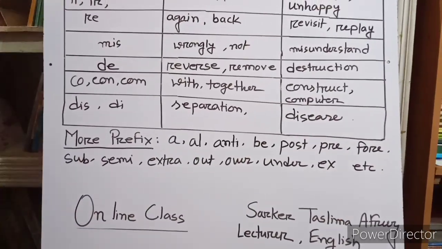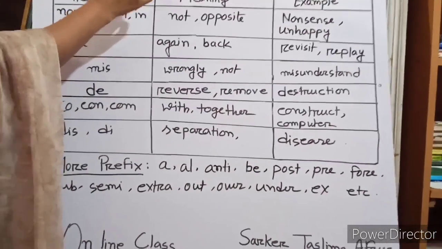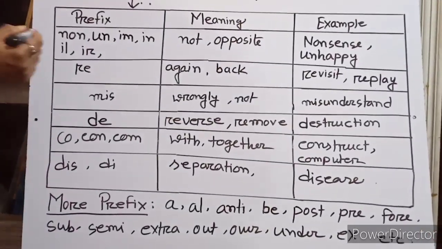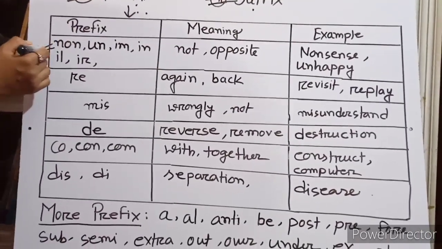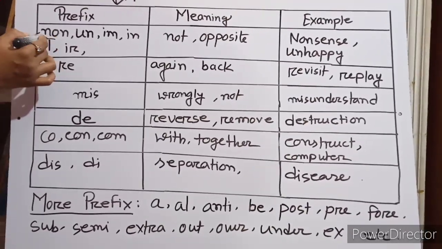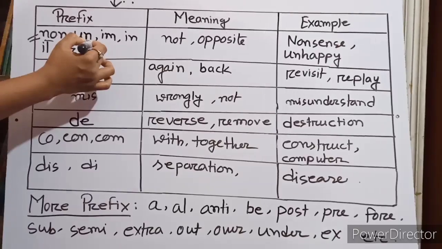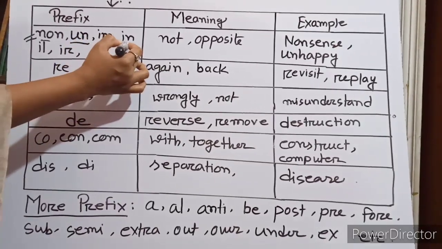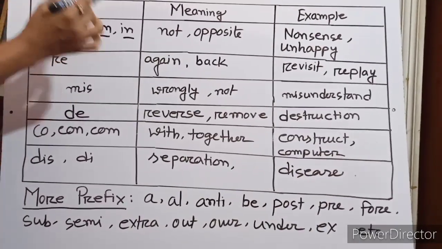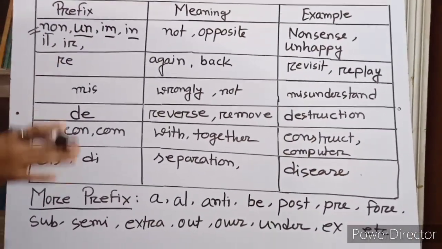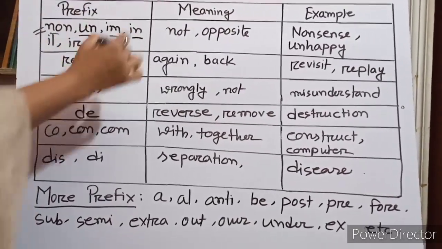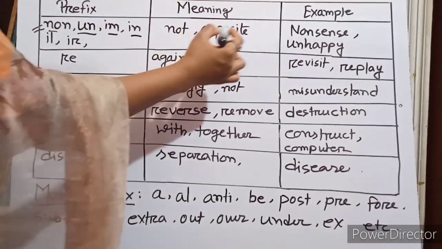As I said earlier, it is used before a root word. You can see the prefixes. First one for you, students: non, un, im, in, il, ir. Though there are many, I mentioned only these six. These six mean not or opposite.